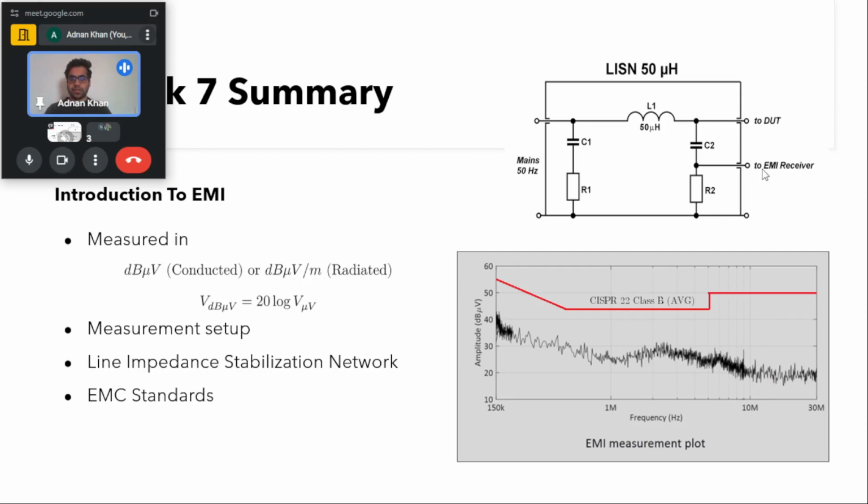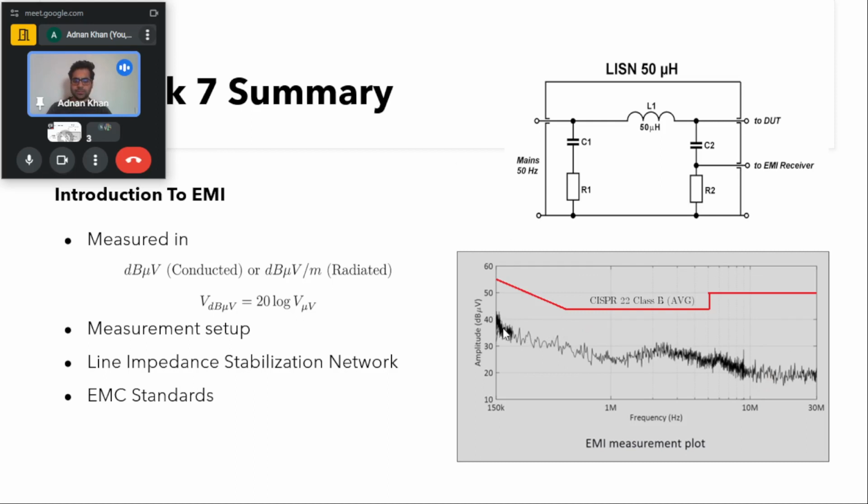From that we take the connections to the spectrum analyzer, and on it we see whatever EMI is getting filtered, and we see the different levels.